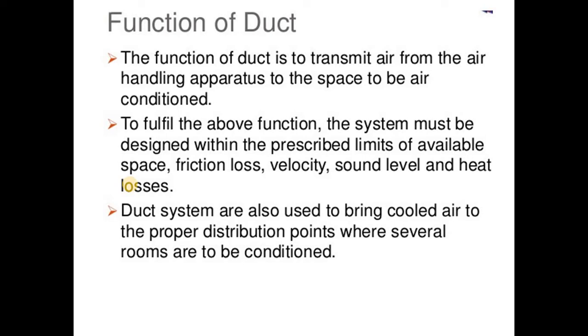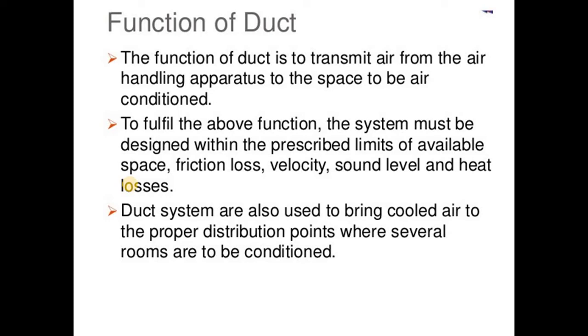To fulfill the above function, the system must be designed within the prescribed limit of the available space in order to reduce the different losses. Friction losses come under major losses. We also have to reduce minor losses, which occur mostly because of shapes and bends. Similarly, we must consider velocity, sound level, and heat losses.